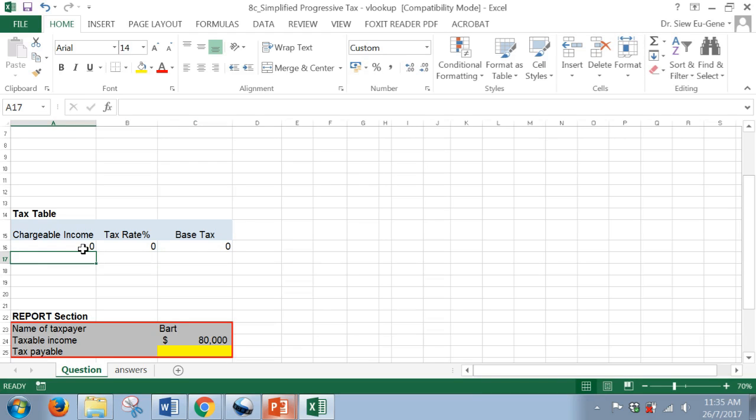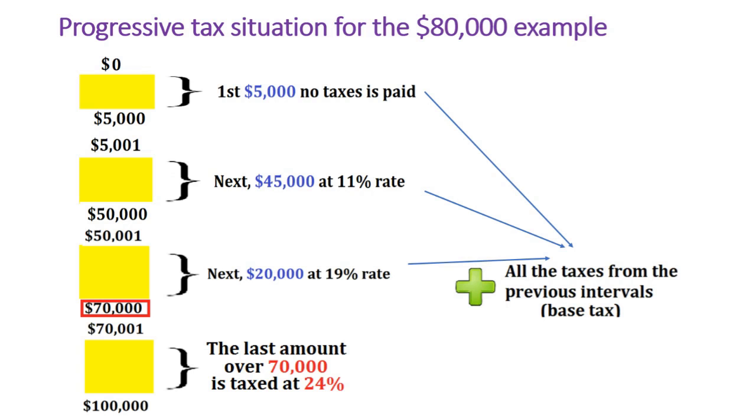Remember, we have to deduct 1 from the first column because our interval, the 5,000, refers to the base tax. Our first 5,000, we are not looking at the lowest closest bracket, which is the 5,000. This 5,000 refers to the base tax here.